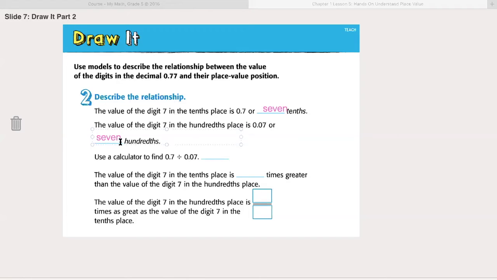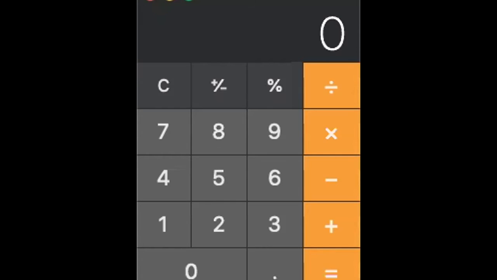Use a calculator to find 0.7 divided by 0.07. If I were to divide 0.7 divided by 0.07, I would get 10.